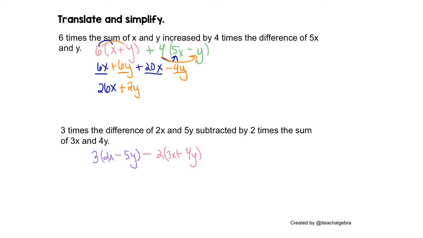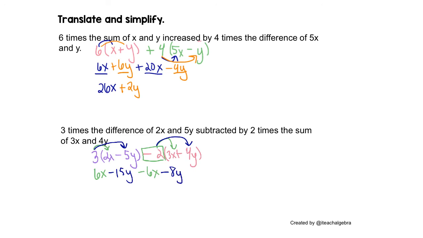So let's distribute. 3 times 2x is 6x. 3 times negative 5y, negative 15y. Now we have to include the negative sign with the 2. So now we have negative 2 times 3x. That's negative 6x. Negative 2 times positive 4y is negative 8y.